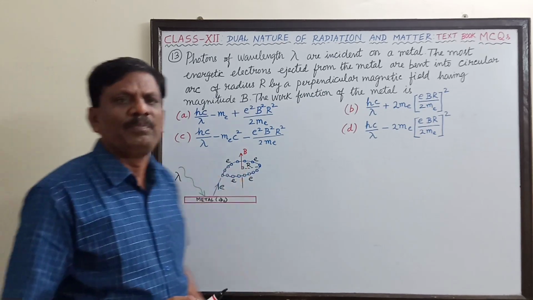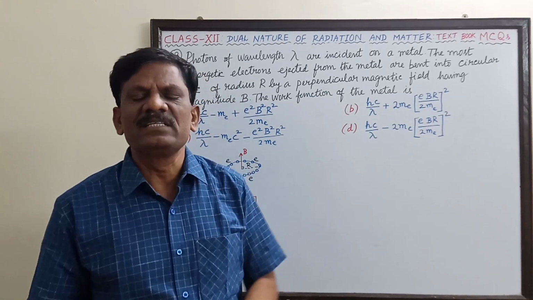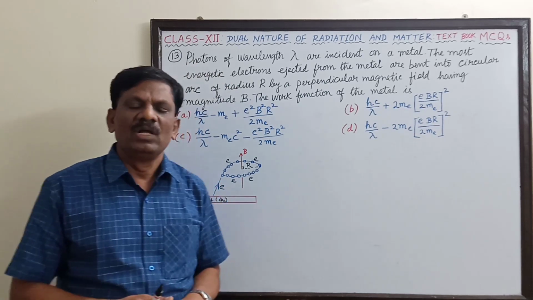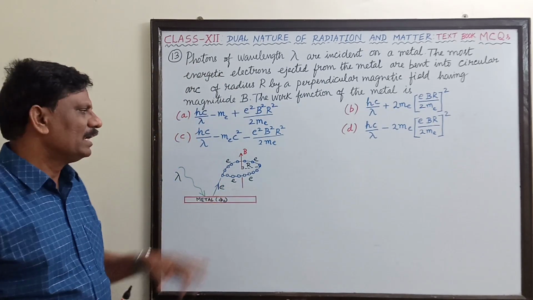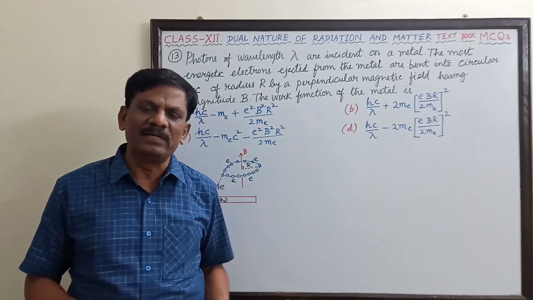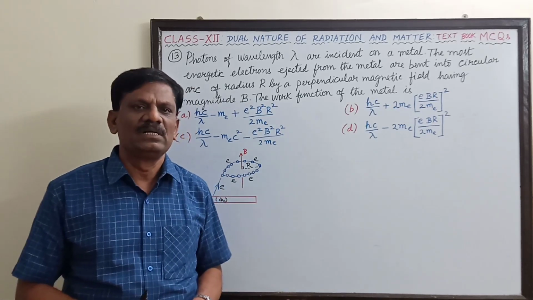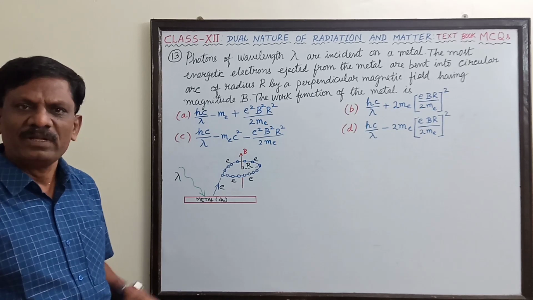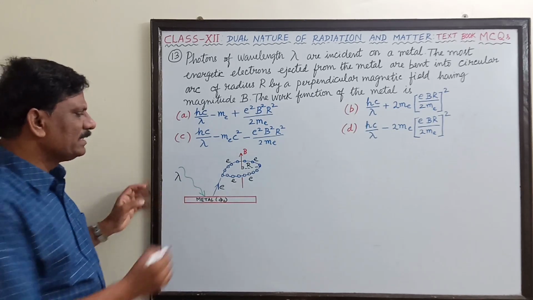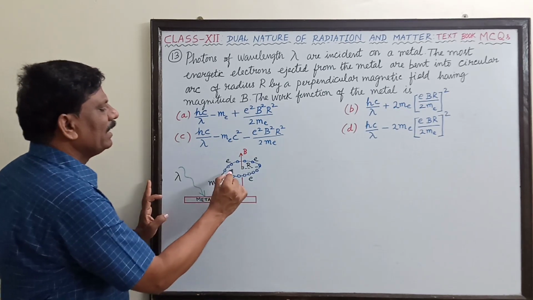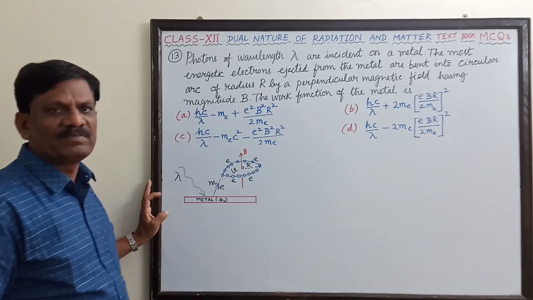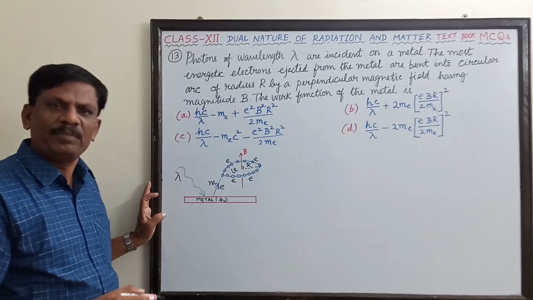In the circular path, the electrons experience two forces. One is the centripetal force, and it is equal to the magnetic Lorentz force. Let e be the charge of the electron, m the mass of the electron, and v the velocity of the electron in the circular path.